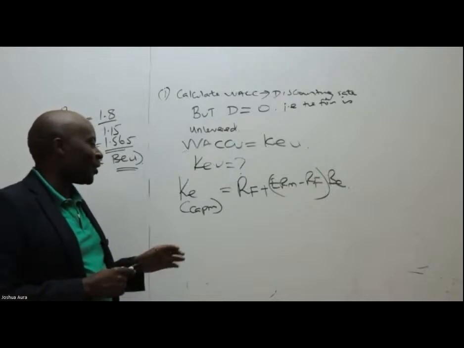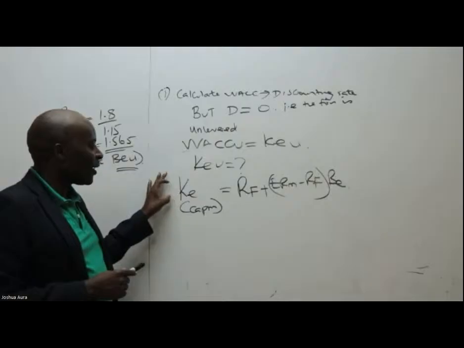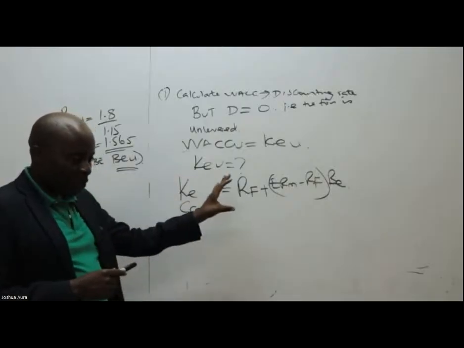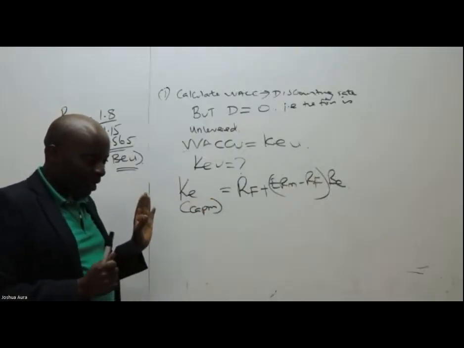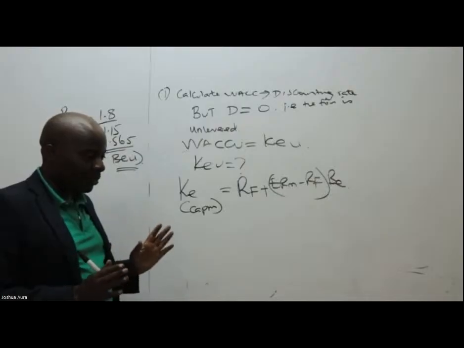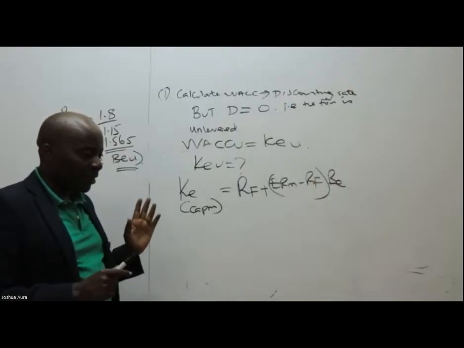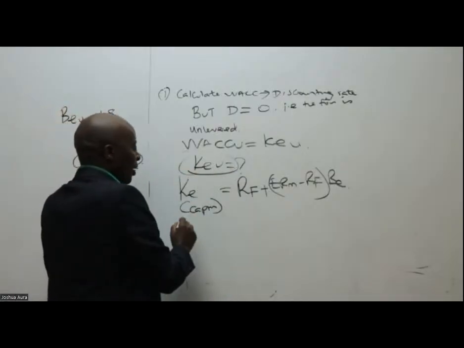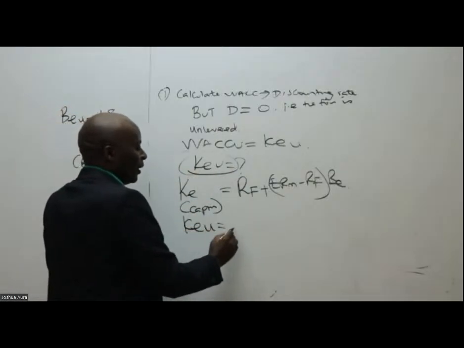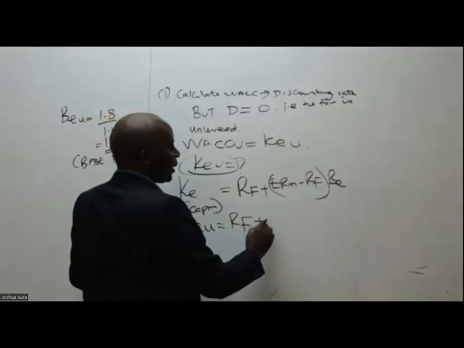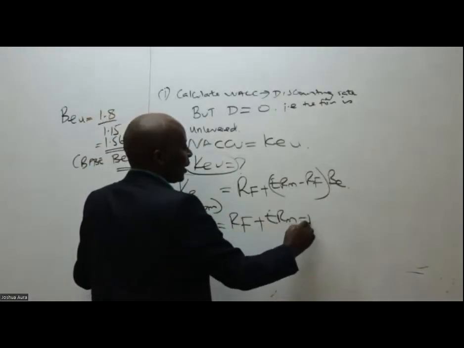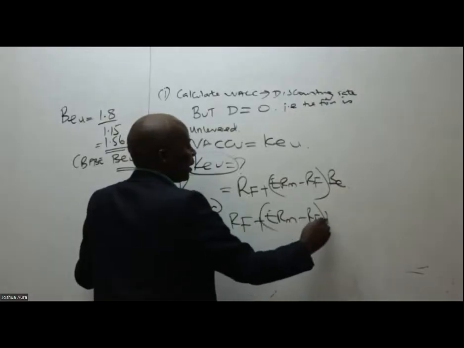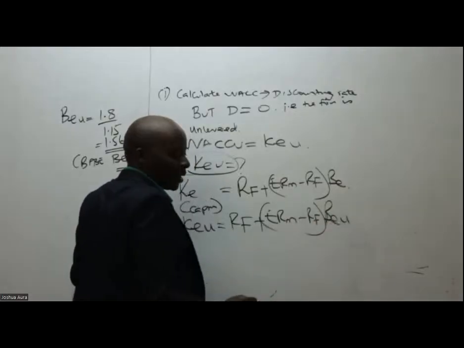So could you kindly, ladies and gentlemen, confirm whether you've been able to write up to here? Are we together up to here? I'm not even asking about understanding, but first of all, are we together? Great. So what they want us to do is to give them Ke_U, cost of equity of unlevered firm, which will be equal to risk-free rate plus expected return of the market minus risk-free rate times BEU, like that.